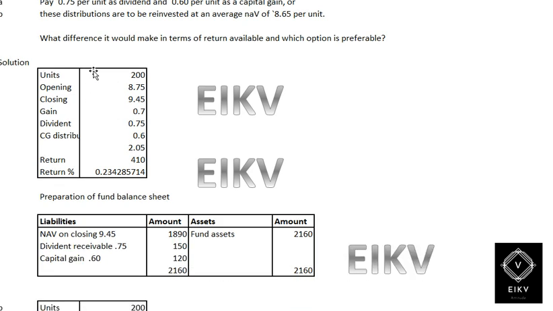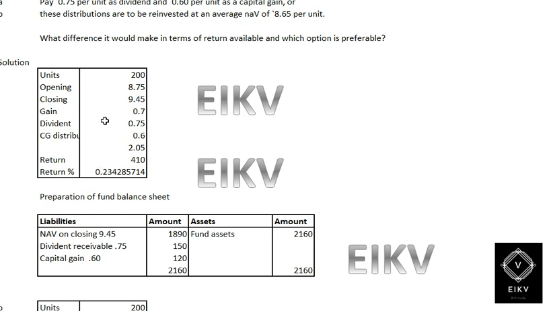So first of all, going ahead with the solution, we need to find the return. So number of units would be 200, opening 8.75, closing 9.45. Therefore the gain would be 0.7, and then we have dividend and capital gain distribution, which is 0.75 and 0.6. We take the total return as 2.05.